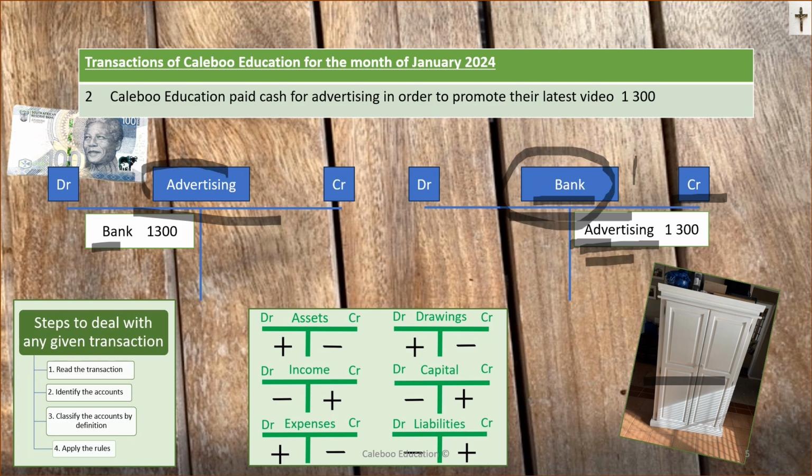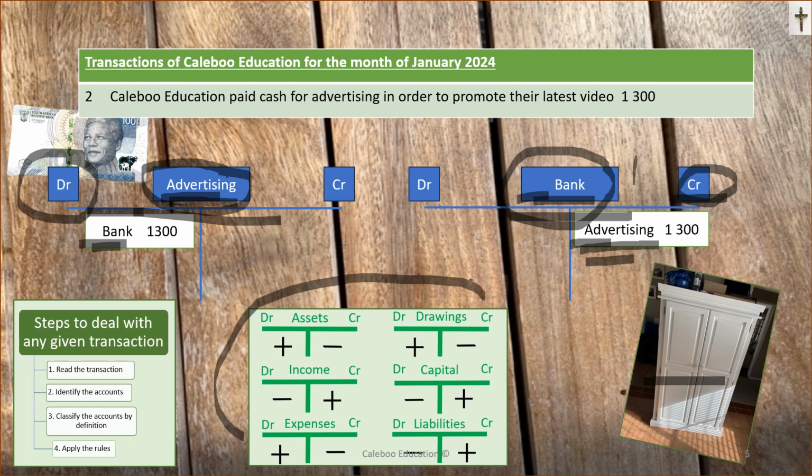And the same in advertising, under the column, if the heading was there, details, the name of the contra account, bank. So anyway, advertising was debited and bank was credited according to our rules, and we followed these steps here to get to this answer.